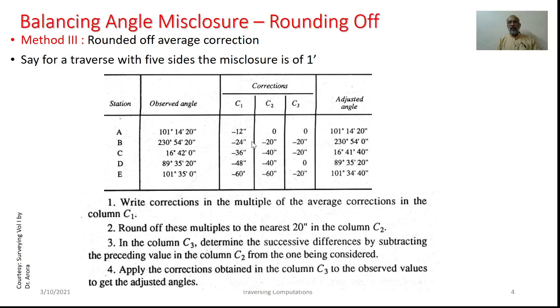Now, this value will be rounded off to its nearest 20 second in the next column. So here this 24 second will be considered to be 20 second, 30 second could be considered to be 40 second, 48 second could be considered to be 40 second. Here that 60 second would be considered as 60 second, whereas the initial value is considered to be 0.